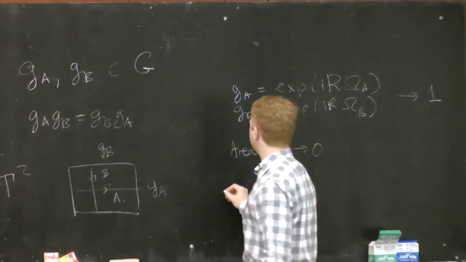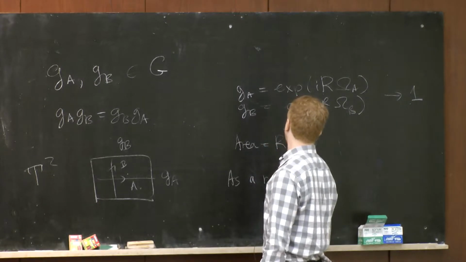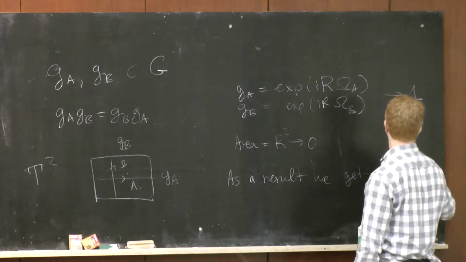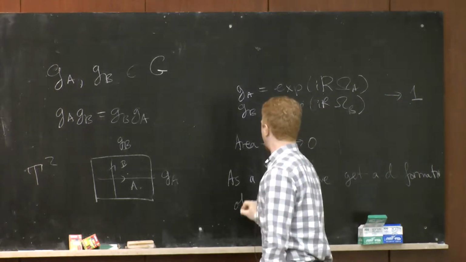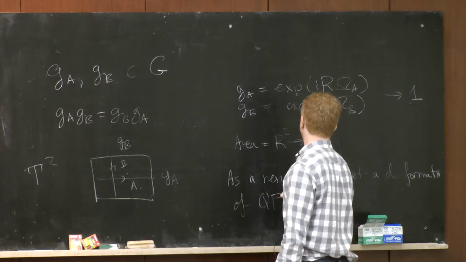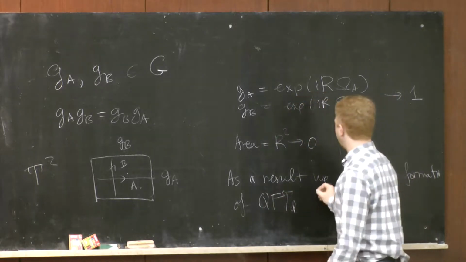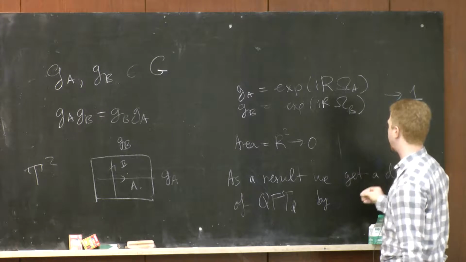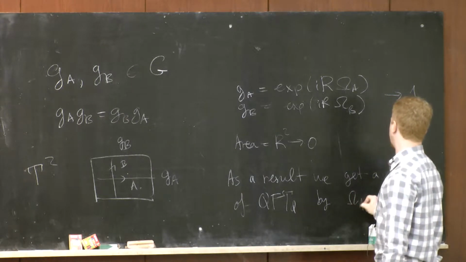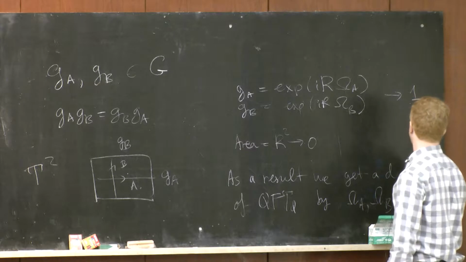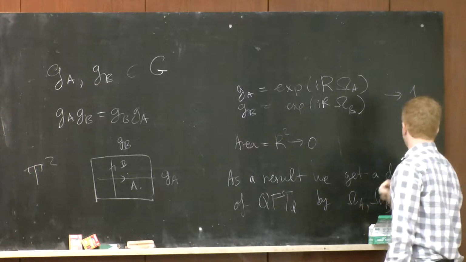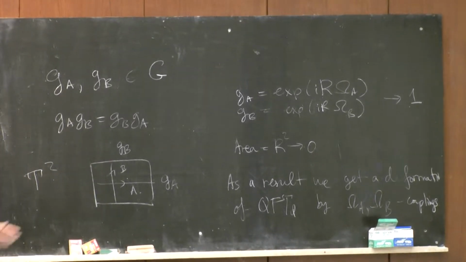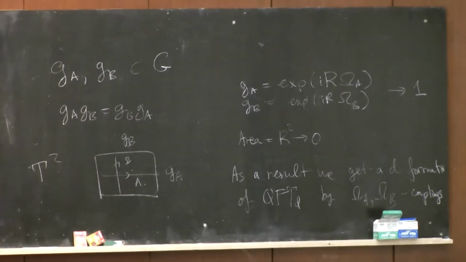Then the claim is that as a result, we get a deformation of the original quantum field theory, and the Lagrangian will be corrected by the terms which are proportional to omega A and omega B couplings. The resulting theory might be easier to analyze than the original theory.